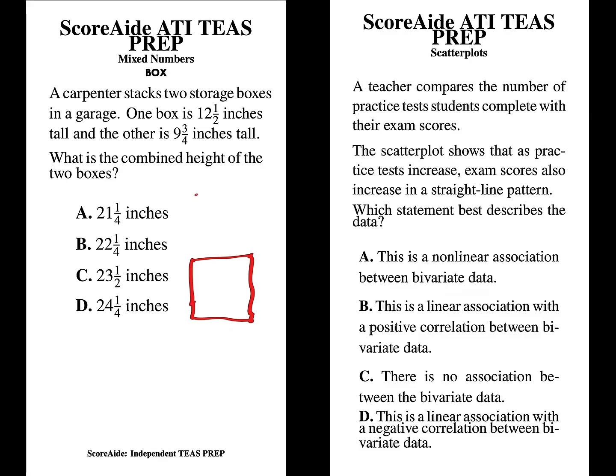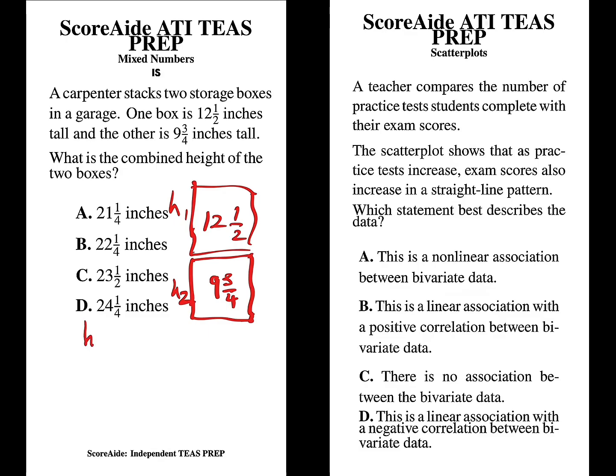So you have one box like that and the other box like that. So this one is, let us just say, 9 3/4, and this is 12.5, right? So you realize that a half and 3/4 don't have the same denominator, right? The denominator is not the same. So let us just call this H1 and this H2.